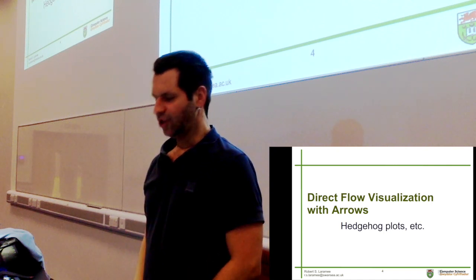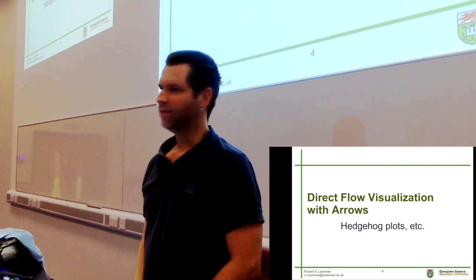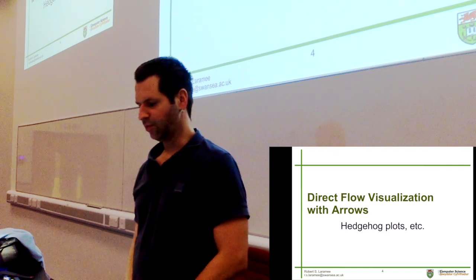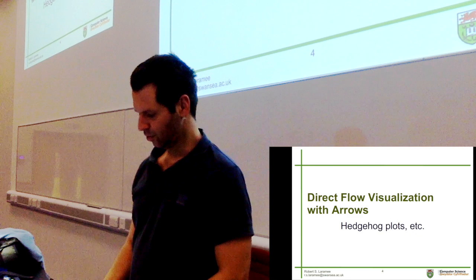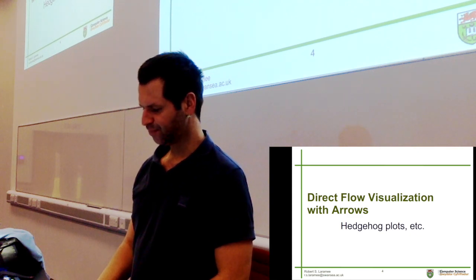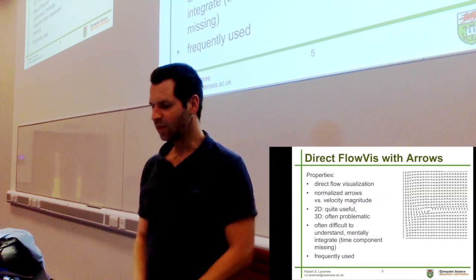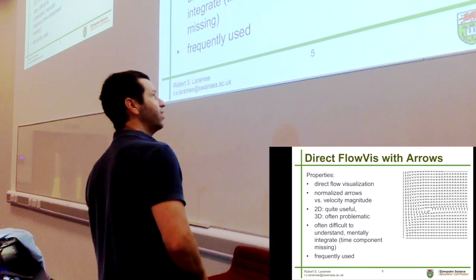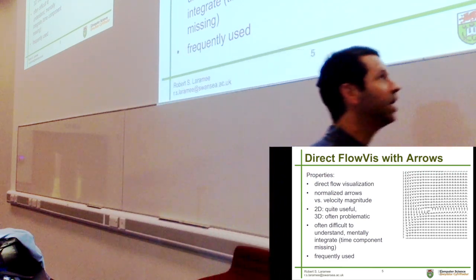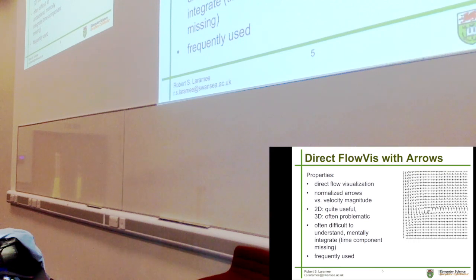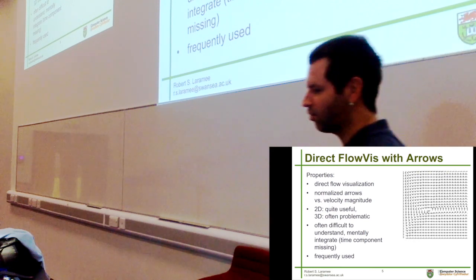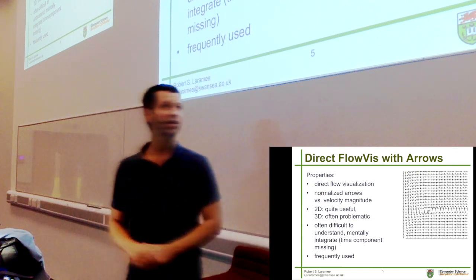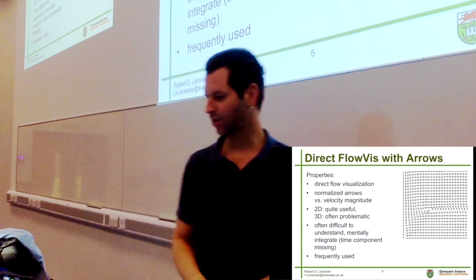So we mentioned this term direct flow visualization earlier today. We're going to continue on this topic, direct flow visualization using arrows or glyphs. On the right, we see a vector field. For every data sample, there is an arrow glyph attached to the data sample indicating the direction of the vector.